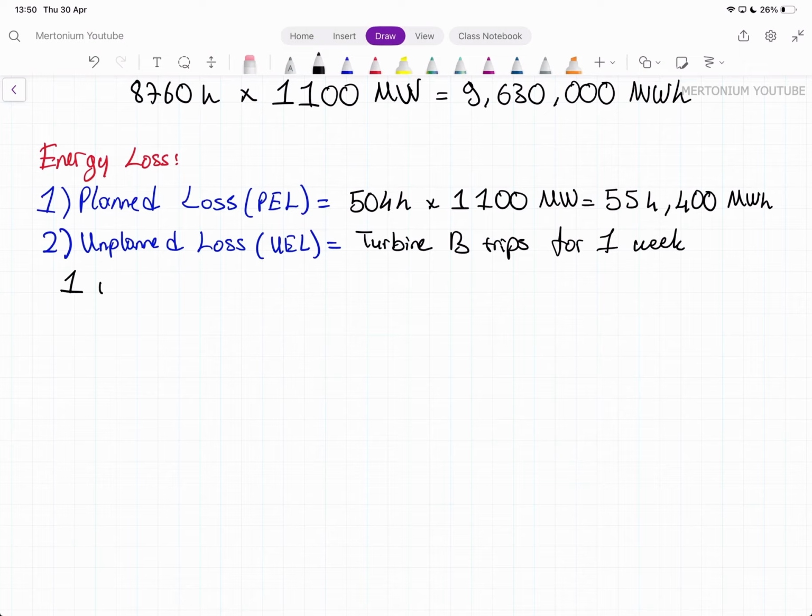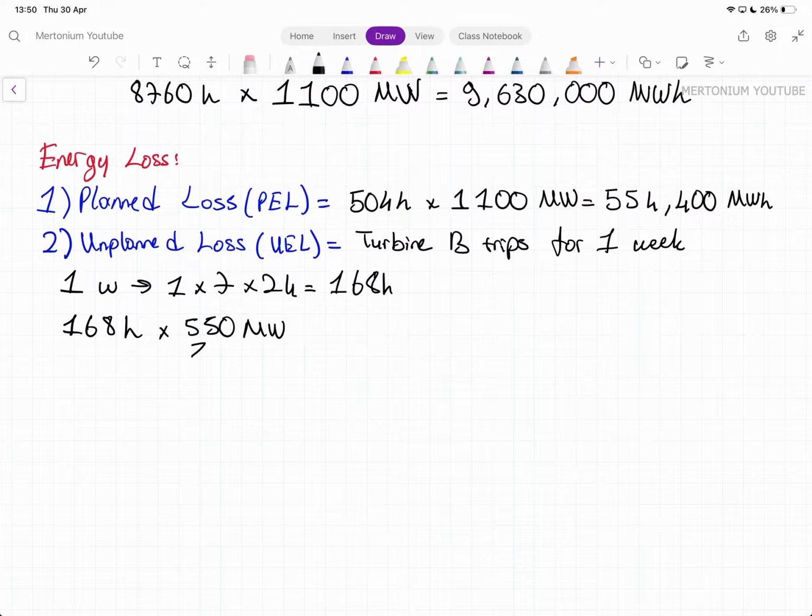We are going to convert 1 week to hours. We get 168 hours. And then we are going to calculate how much we lost. So 168 hours times 550 megawatts.